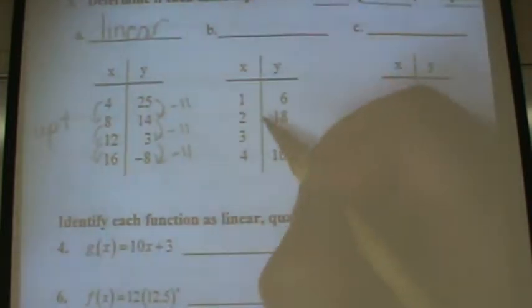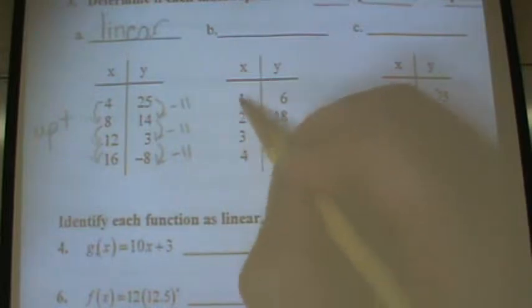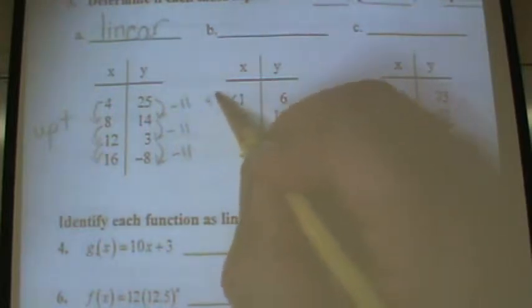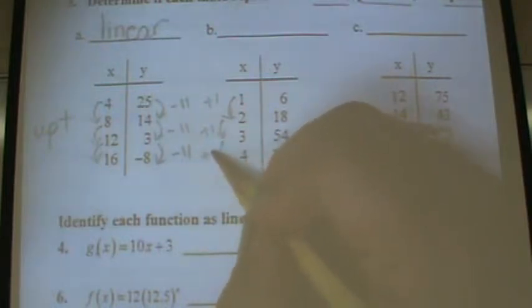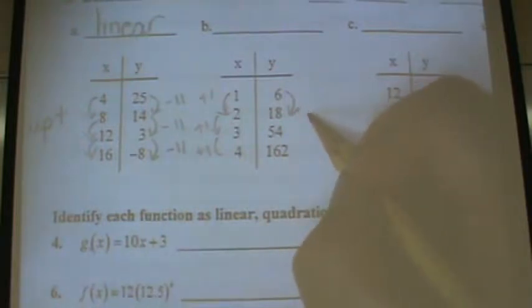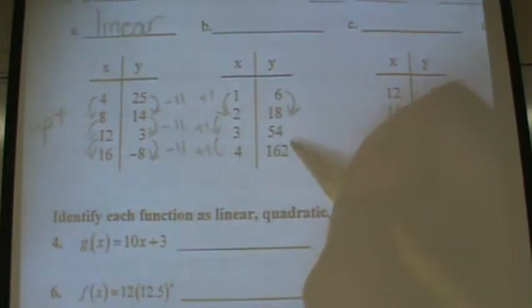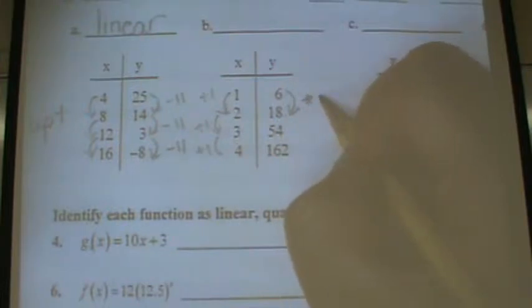The next one. 1 to 2, 2 to 3, 3 to 4. This is going up by 1, right? How about this, from 6 to 18? This is going up by how many? 12, but this one's not going up by 12. Can you think of a number to multiply to get from 6 to 18? 6 times what is 18? 3.